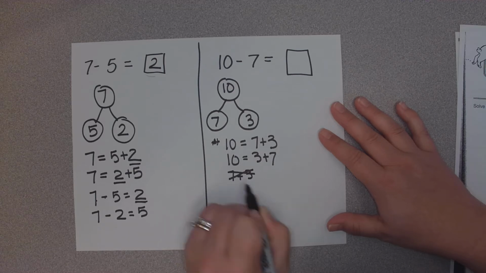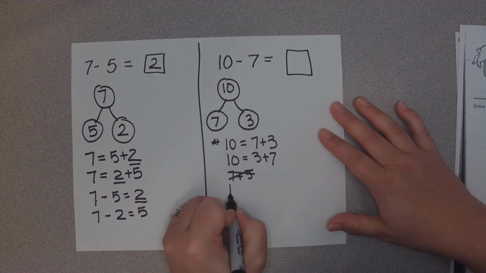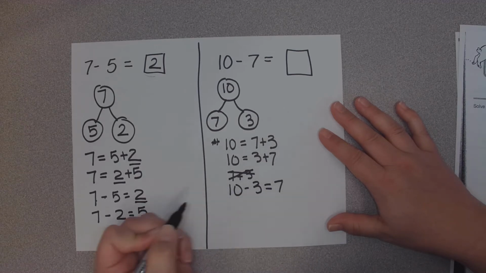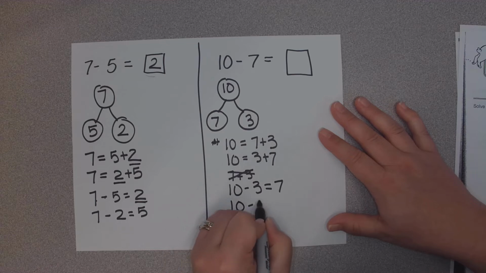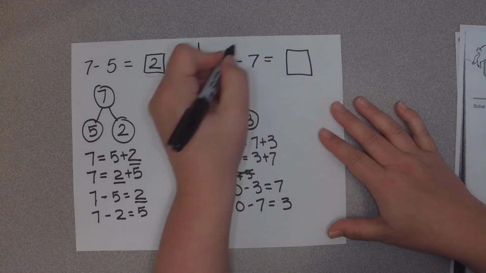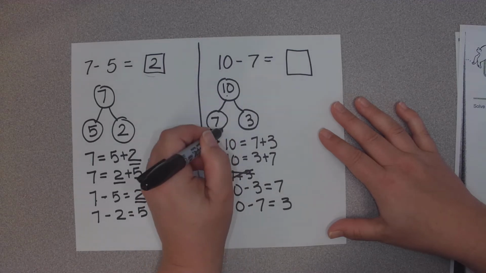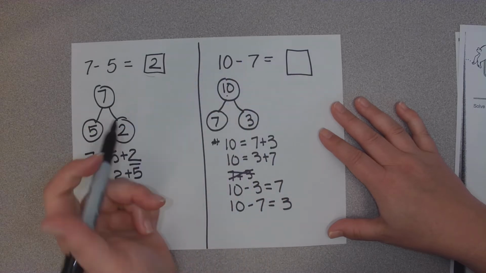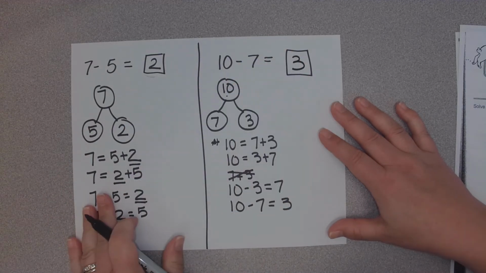My mistake. 10 minus 3 equals 7. Or 10 minus 7 equals 3. So here I have my answer, okay? Thinking about the number bond, thinking about what I have to add to the smaller number to get to the bigger number. And there we go.